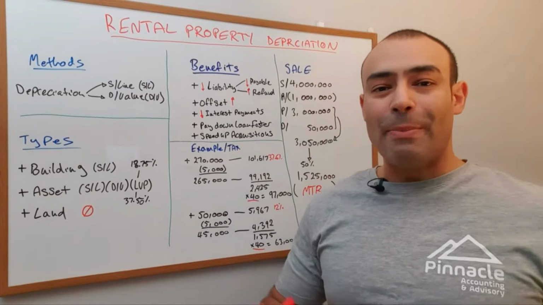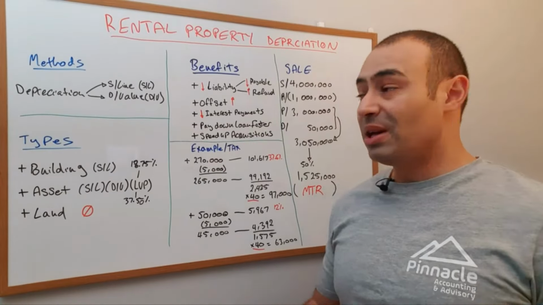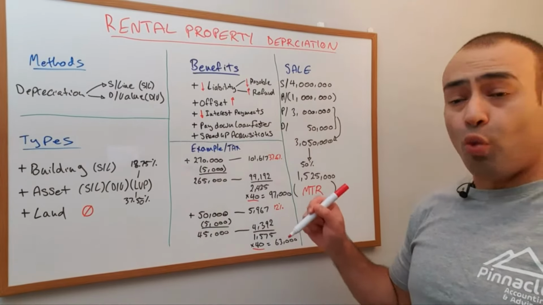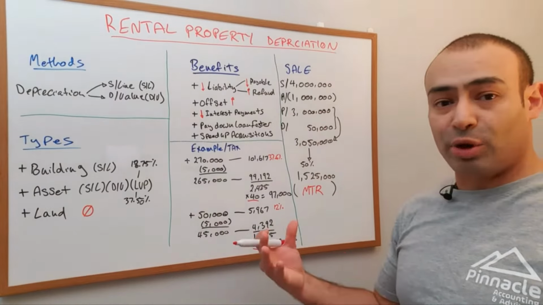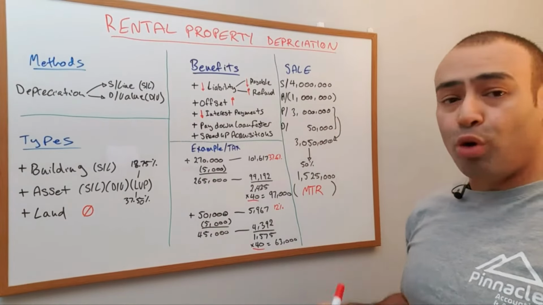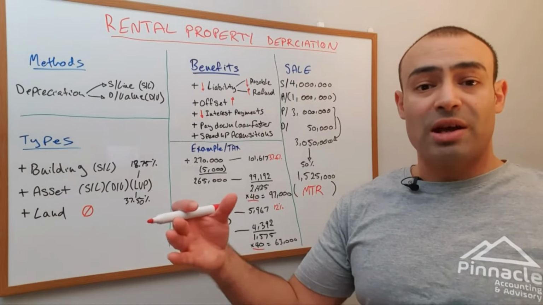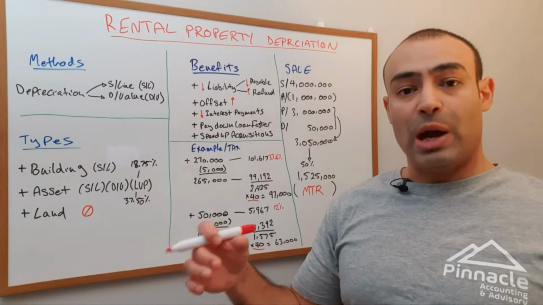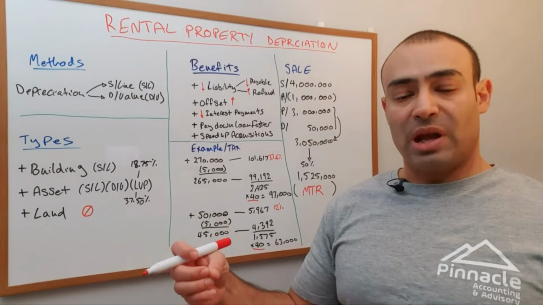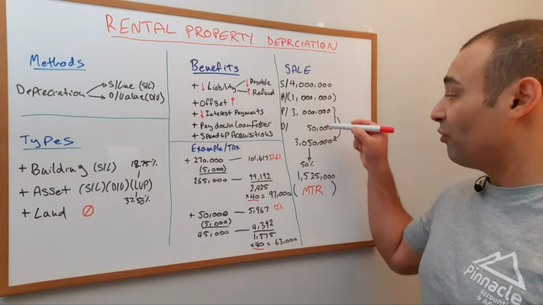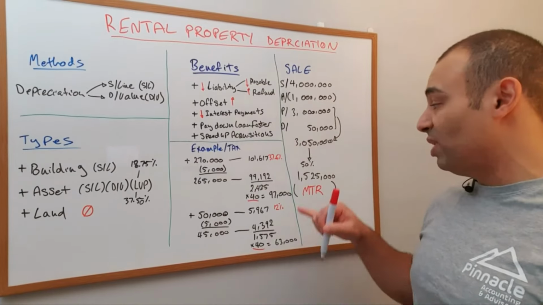Number five, what happens when we sell a property? Assume we sold the property for $4 million. We acquired it for $1 million. The profit is $3 million. Assume also that we claimed depreciation of $50,000 throughout the period we held this property, and we held it for a few years. Now, we're going to need to add the $50,000 to the $3 million.